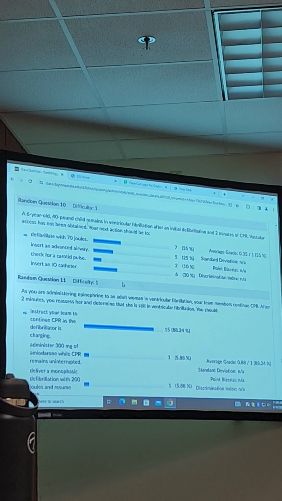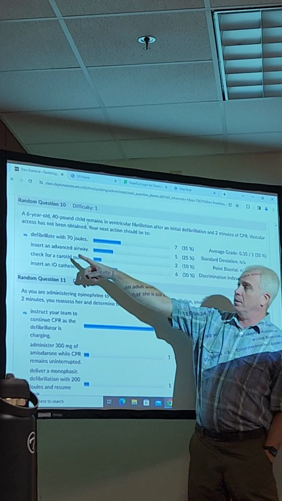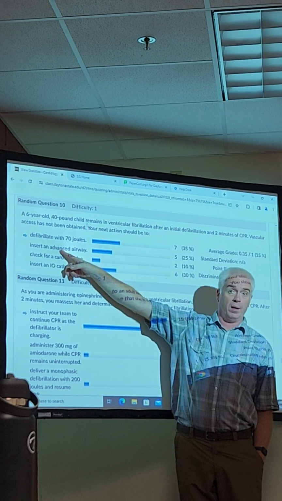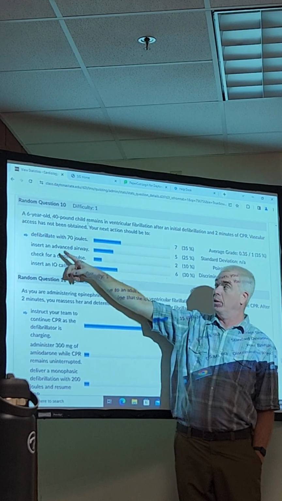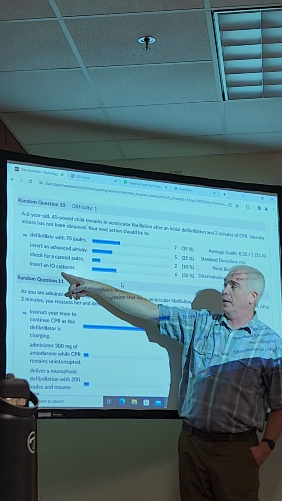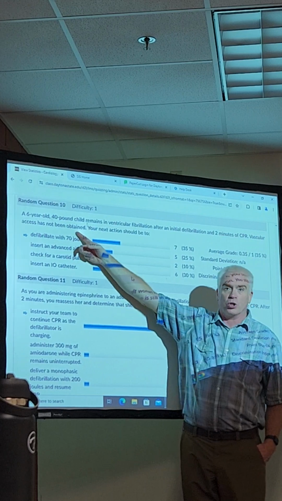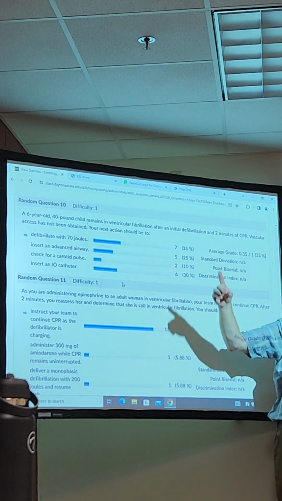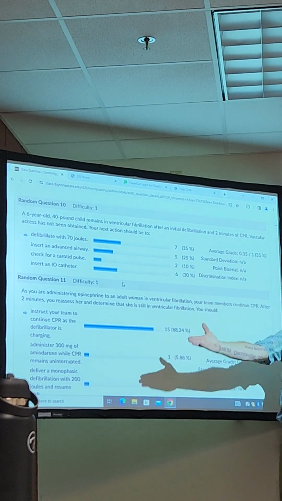If you already have a drug route, yes, you get the drug going. But what's more important at this point, getting an airway or the shock? It's not checking the pulse, it's VFib. It's not getting a drug route, it's the shock. It has been 2 minutes. What happens every 2 minutes in VFib? We shock.